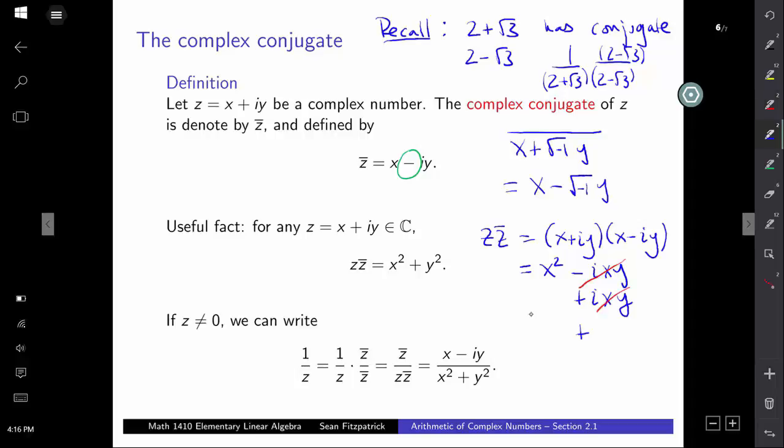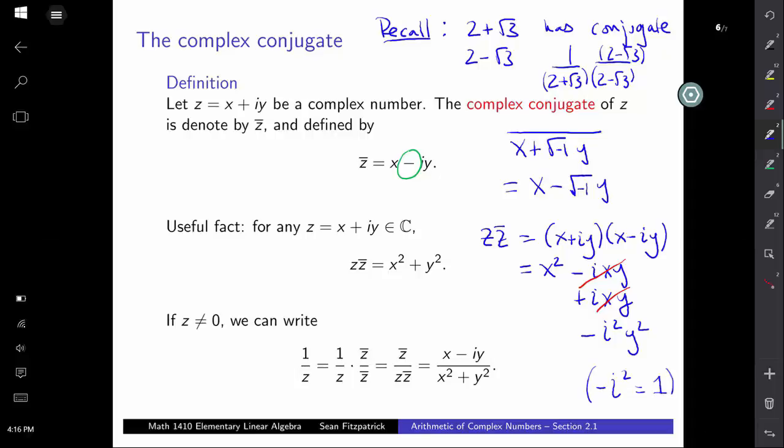And your last term is i squared times y squared. Sorry, that comes with a minus sign, doesn't it? Because you've got iy times minus iy, so you get minus i squared. But we also know that minus i squared is minus minus 1, that's plus 1. So you get x squared plus y squared.